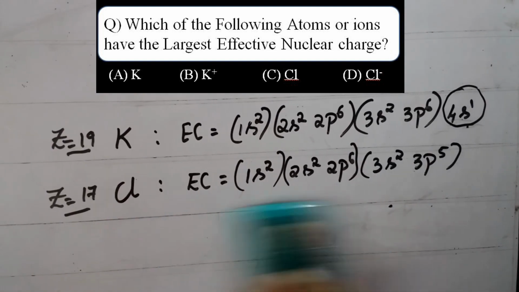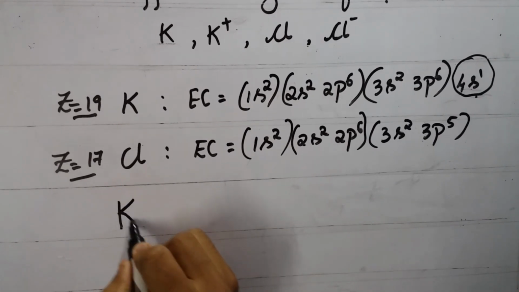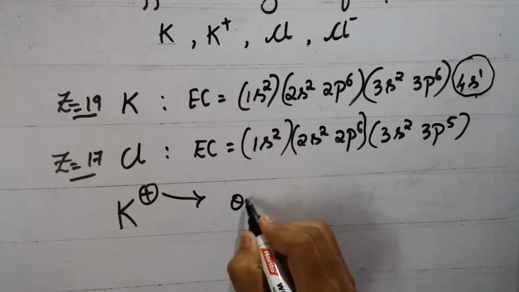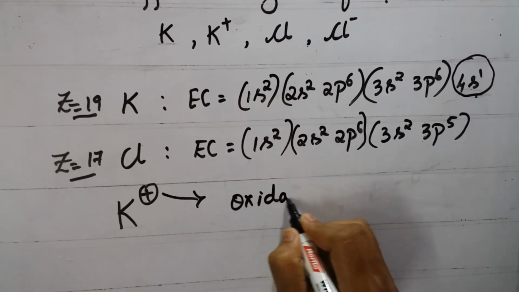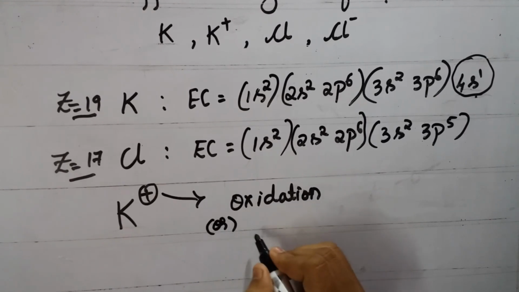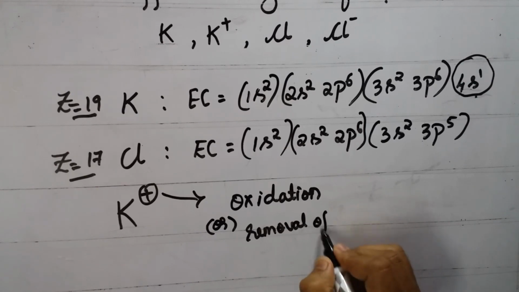Now consider K plus ion, where the plus indicates the oxidation or the removal of electron.